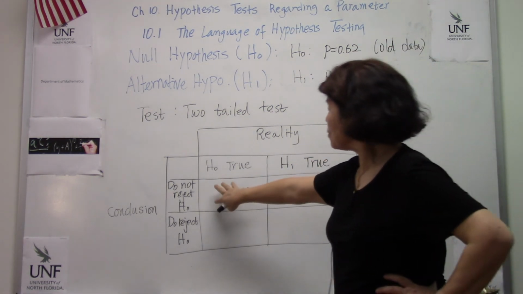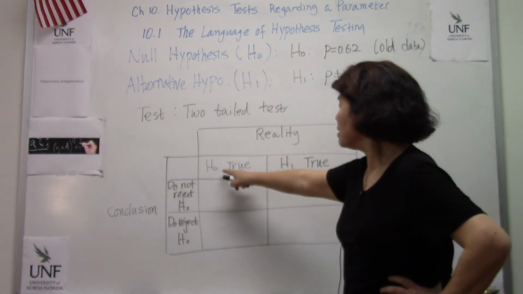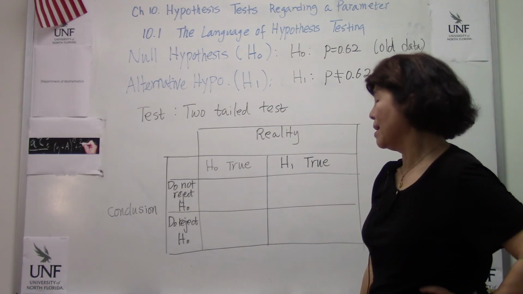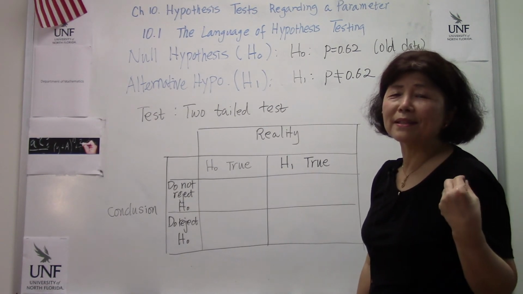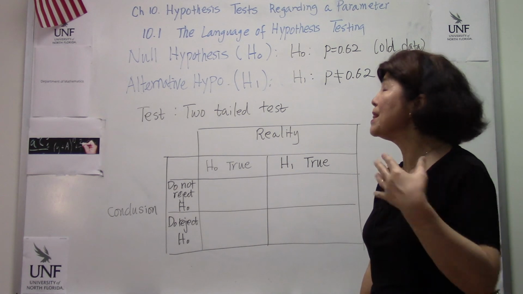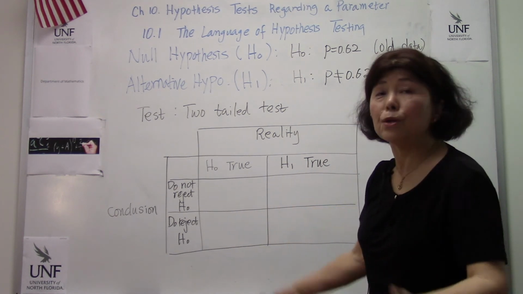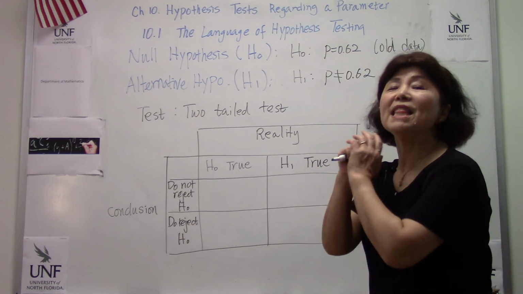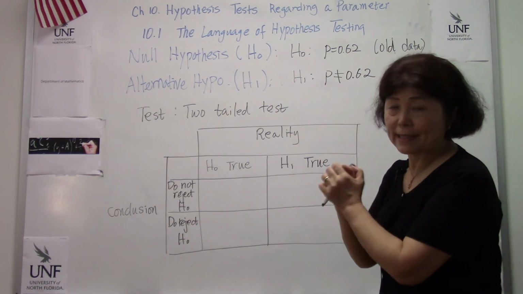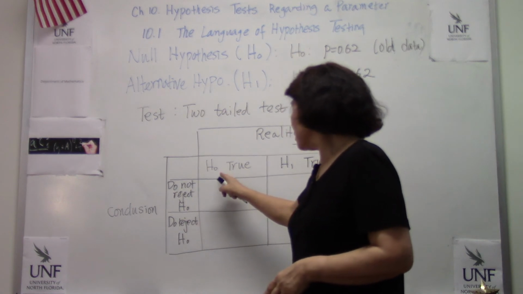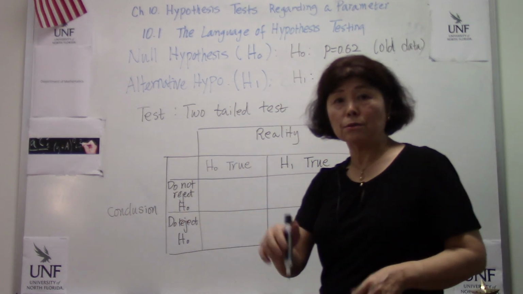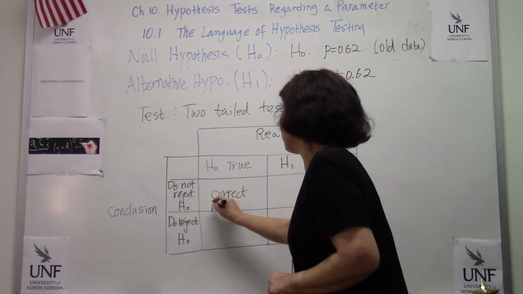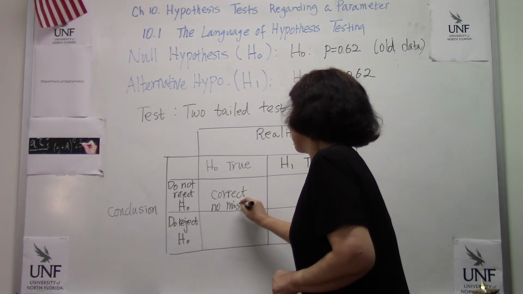Let's look at the first one. H naught is true, and we do not reject H naught. It is a bit of technical language: we never say we accept, we do not reject. It is the same as accepting, but we never use the word accept. So H naught is true, we do not reject it. That is correct. We do not make any mistake.